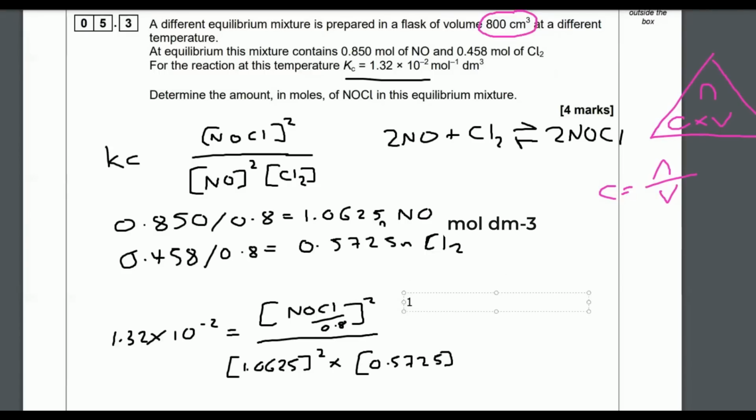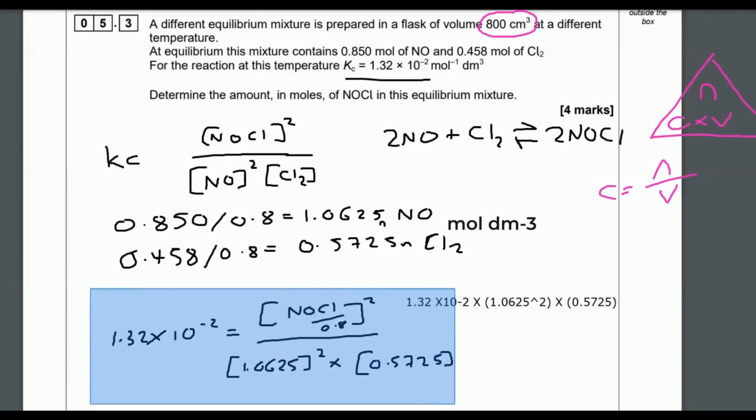So what I need to do is work out how I can isolate NOCl. So how we need to rearrange this is I can do 1.32 times 10 to the minus 2, multiply it by 1.0625 squared times 0.5725, and that is going to be equal to the products.